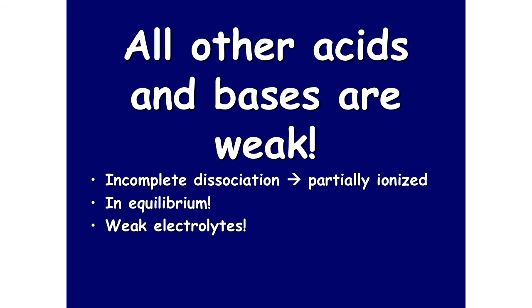It will still conduct electricity a little bit, but it will only dissociate partially. So we will only have some ions in solution, not total ions in solution. So therefore, it would just be a weak electrolyte because they exist in equilibrium together. We will do way more with equilibrium at the end of the year.